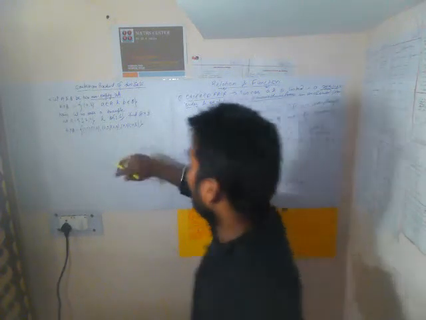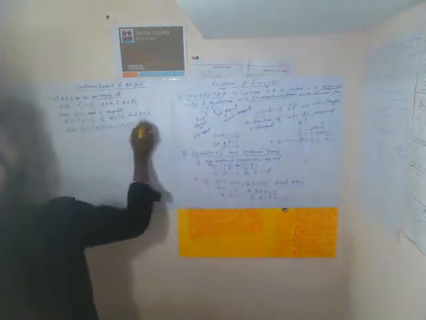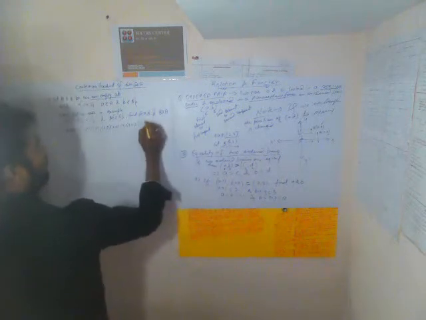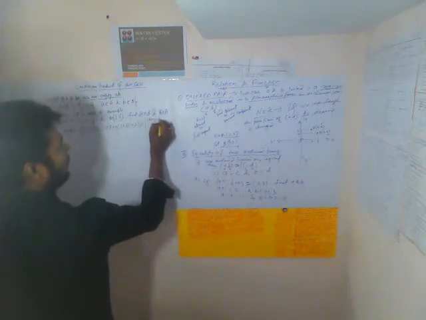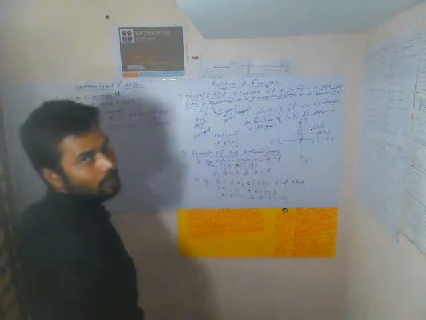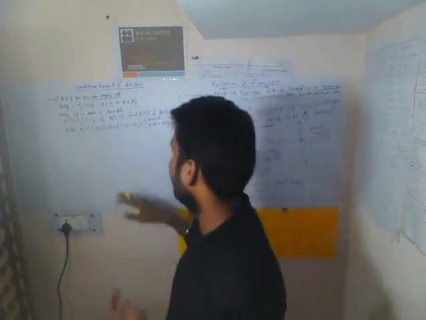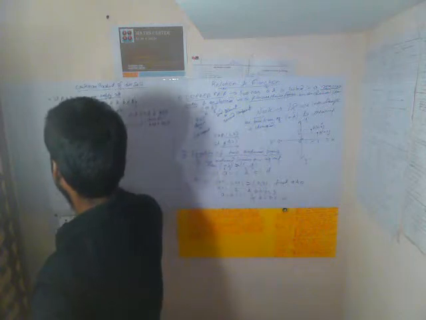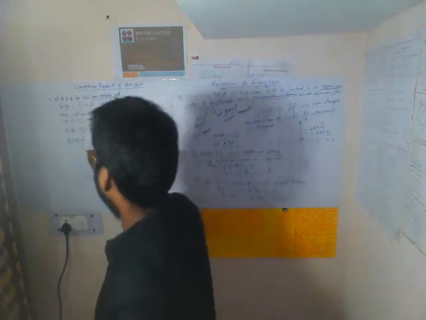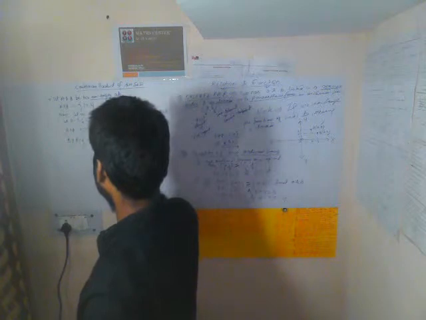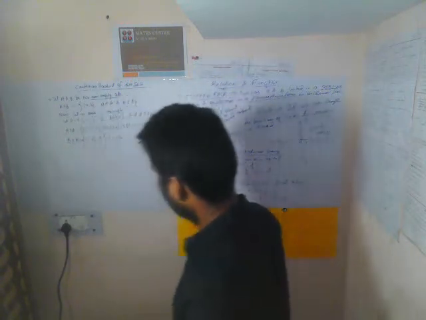Now if we have to check whether A cross B is equal to B cross A or not, if it is asked in the question, then we have to find B cross A. B cross A means we have to write the set B first, which is {5, 6}, cross A, {1, 2, 4}.